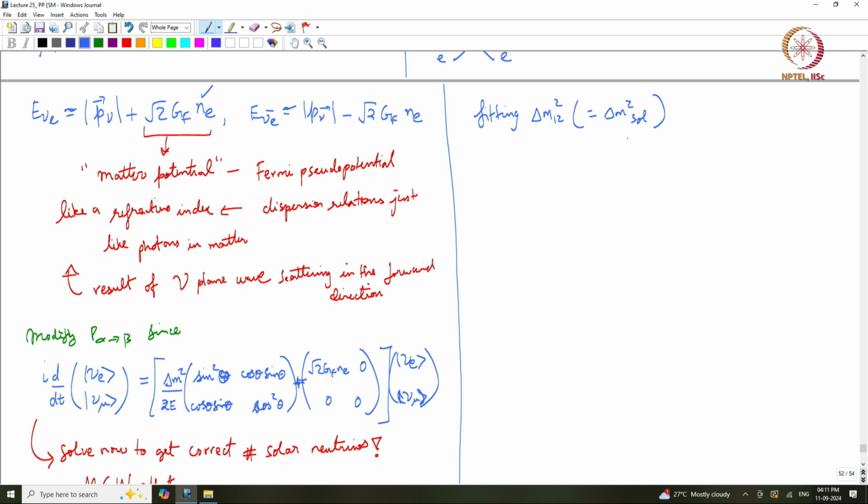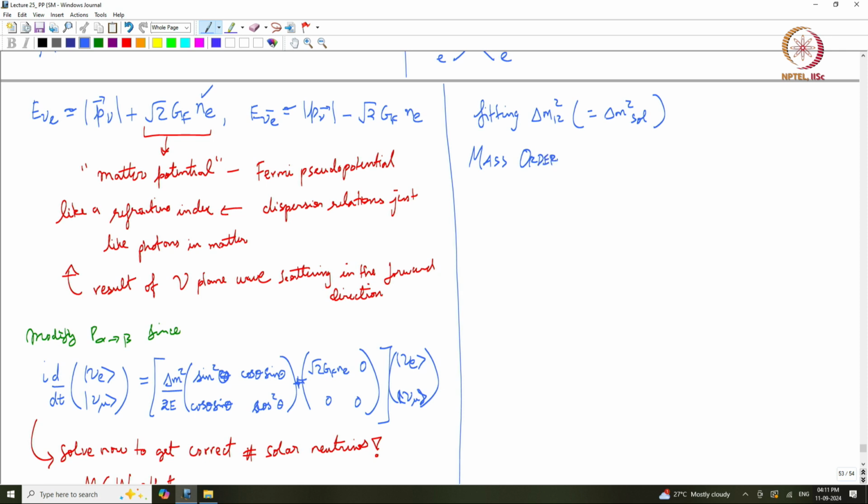It is any two mass eigenstates, you take the difference of the squares that will correspond to some baseline and you just measure it. So, in the last few minutes of this lecture, I am going to talk about this mass ordering and introduce to you the convention that is used to think about this mass ordering.